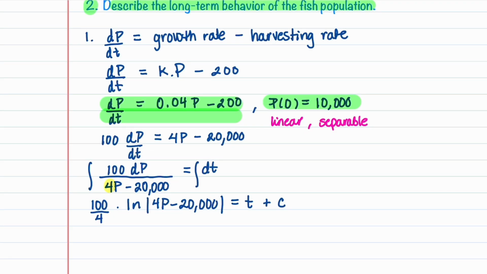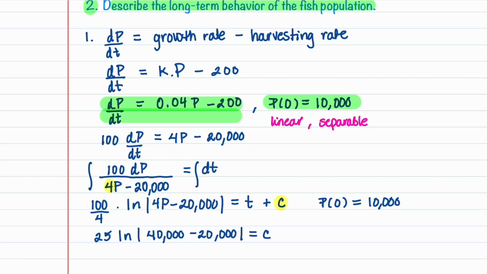Let's go ahead and solve for C. Let's use our initial condition that P at time 0 is 10,000. So on the left, we have 25 natural log absolute value 4 times 10,000, which gives us 40,000 minus 20,000, is equal to t, which is 0, plus C. So this tells us that C is equal to 25 natural log of 20,000.